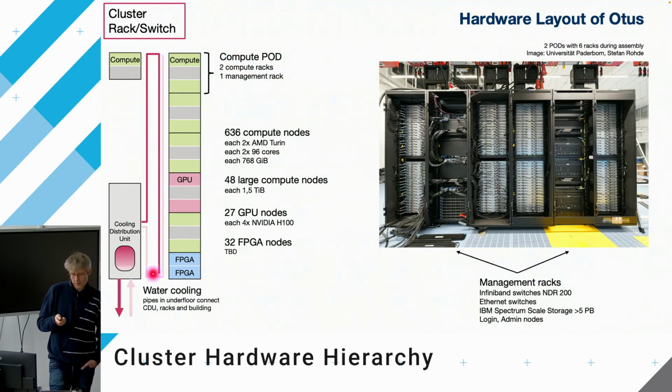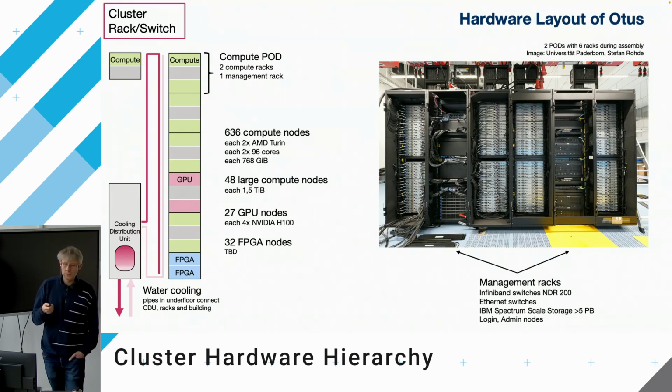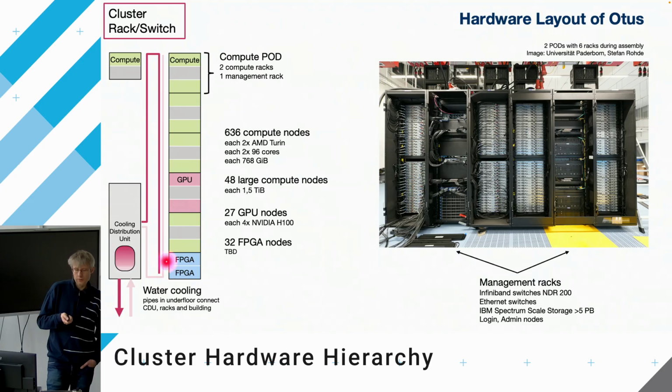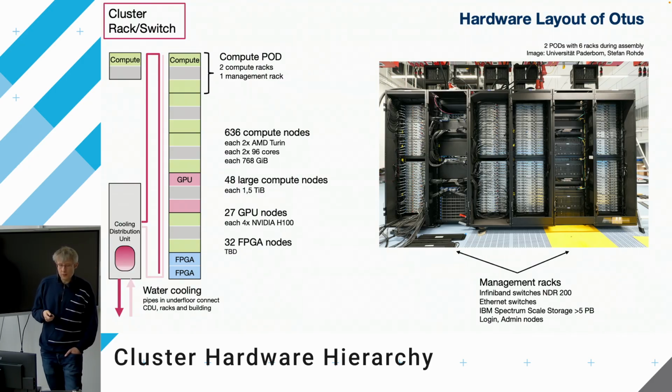And this cooling distribution unit is now used to cool the racks. As we've seen, the power comes from the top. It goes in through the compute units, and all the compute racks are connected to this piping under the floor. Therefore the liquid water cooling, the liquid goes through these pipes, is connected to the racks, goes through the compute units where it is heated by the computational hardware, by the GPUs and CPUs.